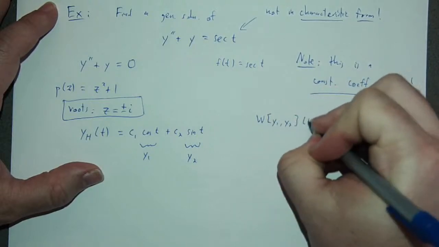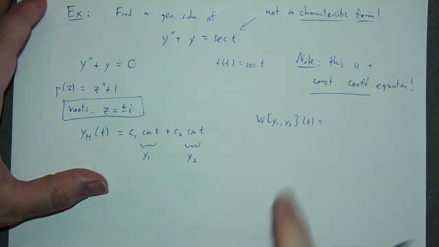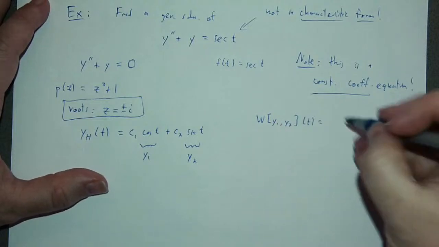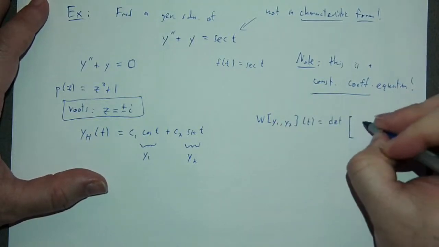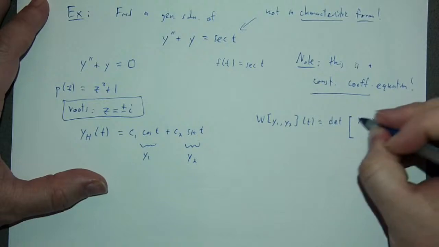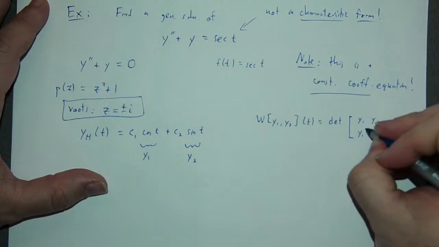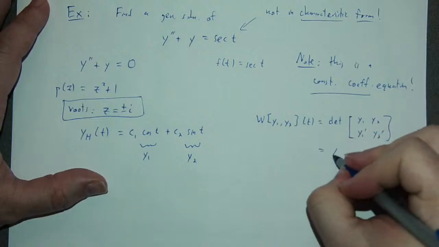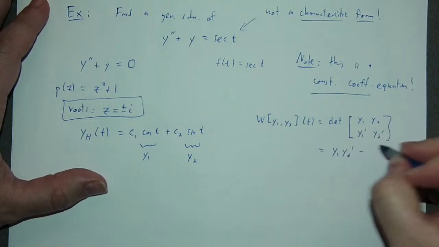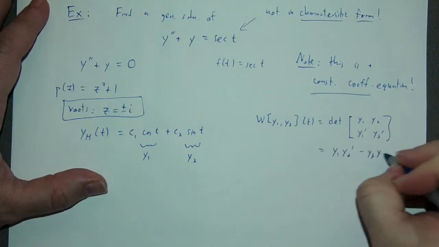Remember, this is a determinant. If you have an issue remembering what direction this goes, this is the determinant of the matrix that has y1, y2 as its first row, and then y1 prime, y2 prime. So this is y1 y2 prime minus y2 y1 prime.